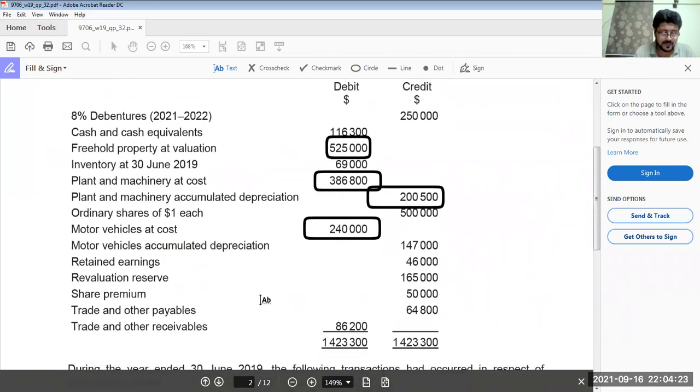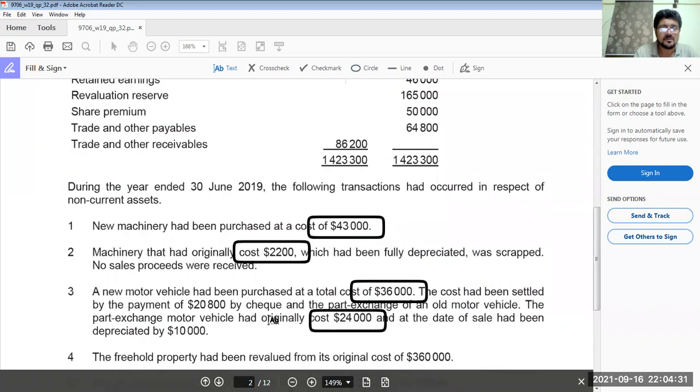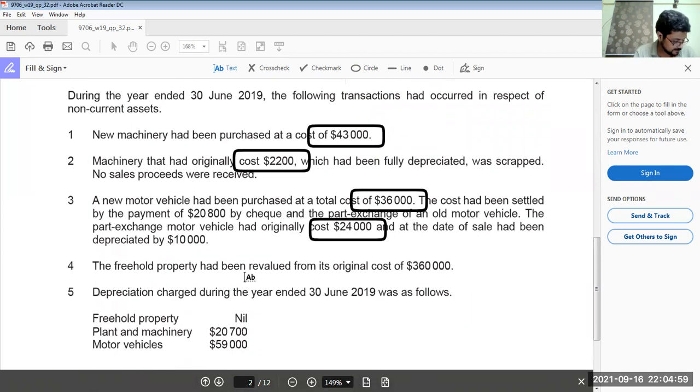Now come to accumulated depreciation of plant and machinery. This is at the end of the year, 30th June 2019, 200,500. Done. So see, from machinery we have scrapped one of the machinery, 2,200. So that scrapped provision was part of the accounting records 1 year back. So we have to add 2,200.